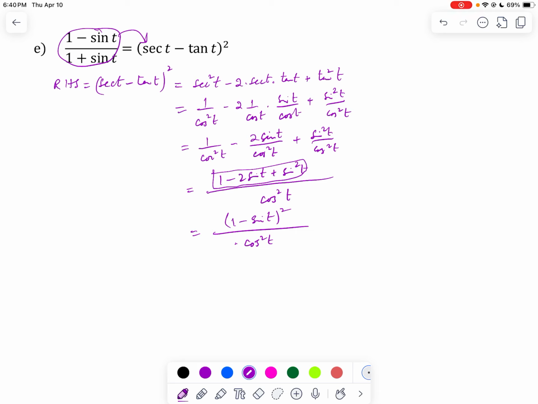So on the top we can see that we got the 1 minus sine t, but how will we get rid of the square? If you recall from the Pythagorean identity, sine square x plus cosine square x is equal to 1. Cosine square x can be written as 1 minus sine square x. So here cosine square t can be written as 1 minus sine square t.